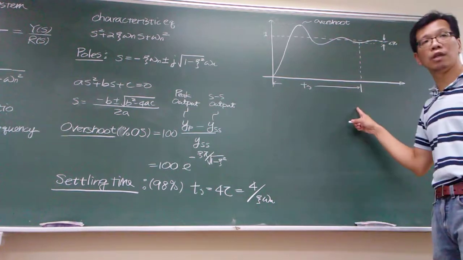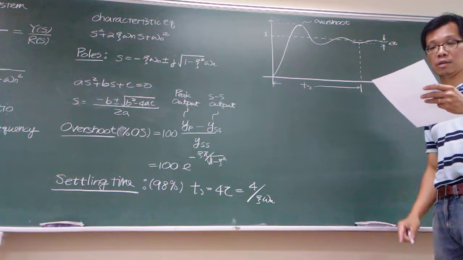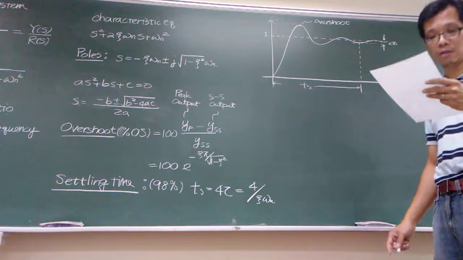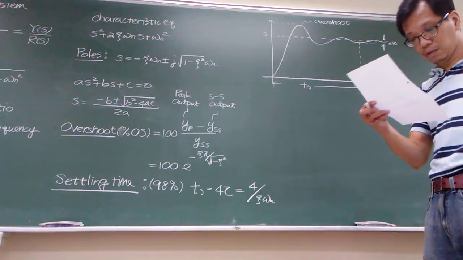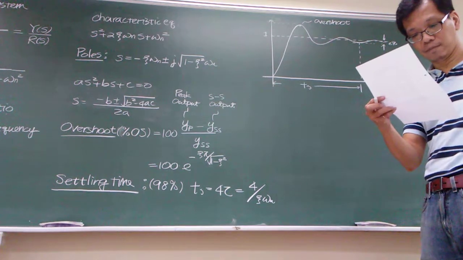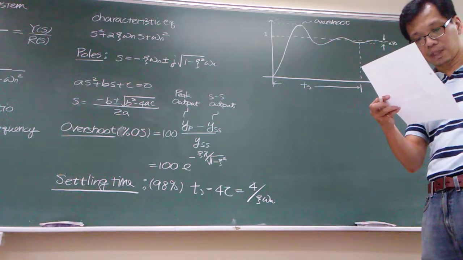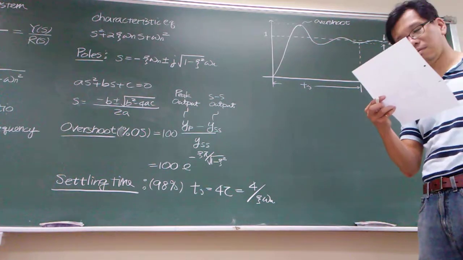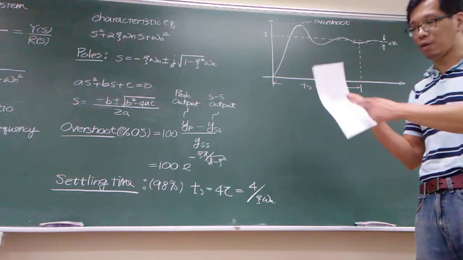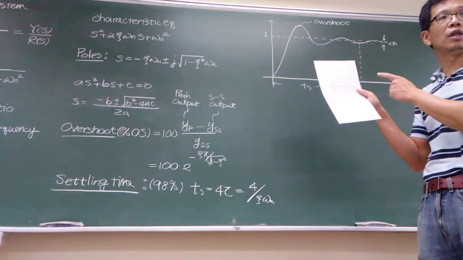The time over here is going to be my time constant. There are other things in your textbook, which are rise time, peak time, delay time. Those things, well, it's not that important, but you can find a definition over here.